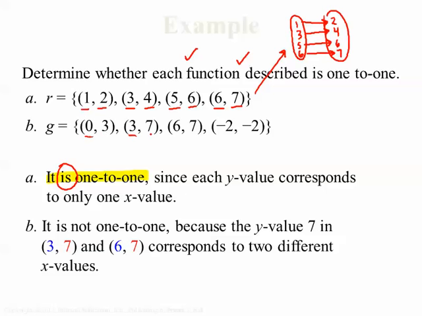So it is a function because there isn't a repeat in the x's, but as soon as you see a repeat in the y's right here, you know that you're going to have something like this, and I'll go ahead and show it.